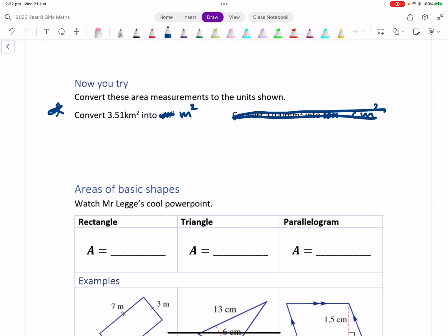All right, how did you go? Hopefully what you did first is write down kilometres squared to metres squared is times 1,000 squared, which is 1,000,000.